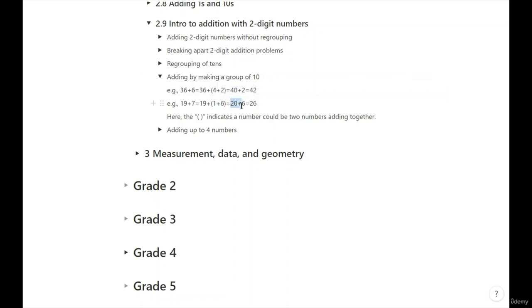Then it will be 20 plus 6 equals 26. Here, the bracket indicates a number could be two numbers adding together. For example, 6 could be added by 4 plus 2. 7 could be added by 1 plus 6.